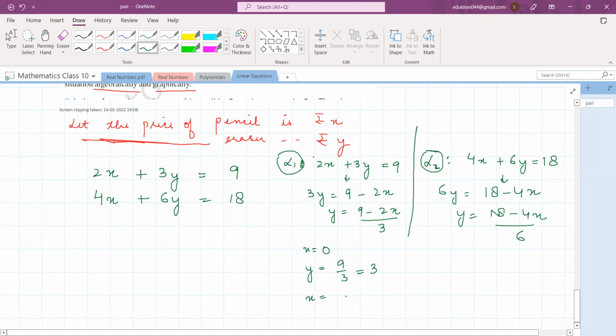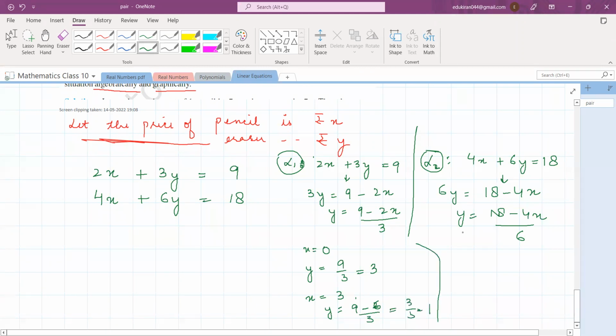You can take 3 actually. 2 into 3 is 6, yes, that we can take. So x is equal to 3, and y will become 9 minus 2 into 3, which is 6, divided by 3, which is 3 by 3, which is equal to 1.